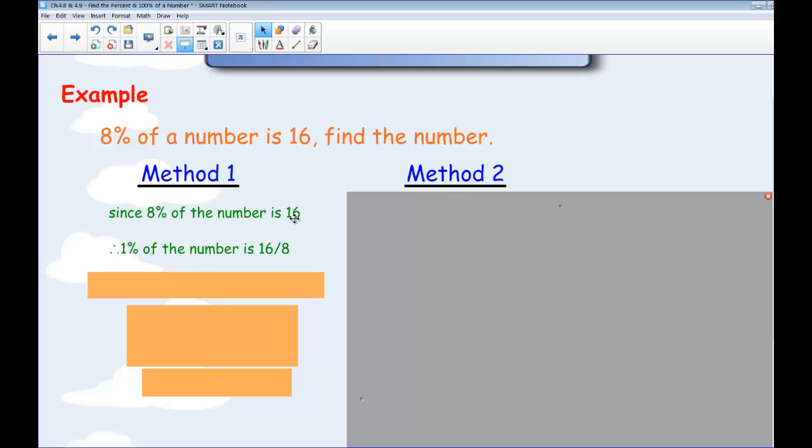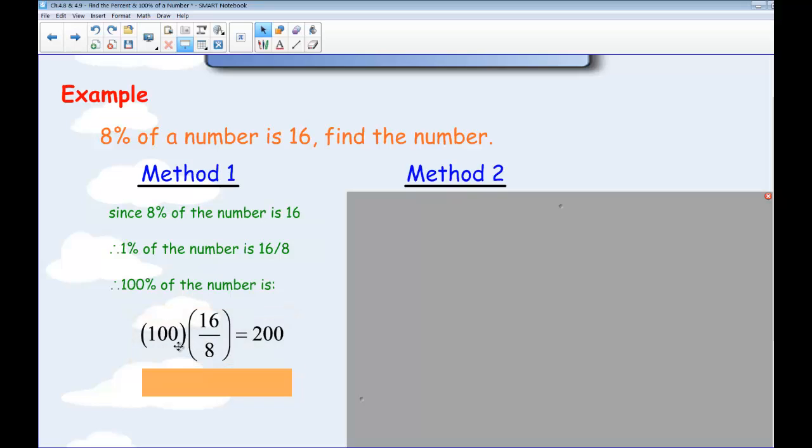So 16 divided by 8 would be 2. So for 100% of the number, we take 100, multiply that by 16 over 8, which is 2. Therefore, we get the number being 200. So the number is simply 200.